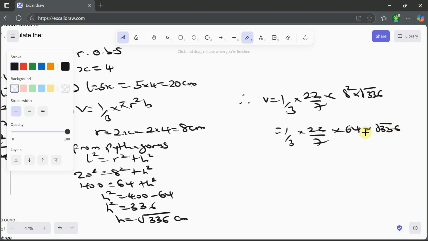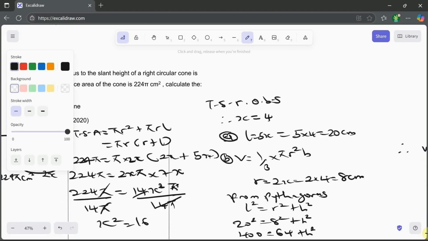I want to leave it as square root of 336 so that there will not be any approximation issues. That will be 22 times 64 times square root of 336 divided by 3 divided by 7. So this gives me 1229 centimeter cube.